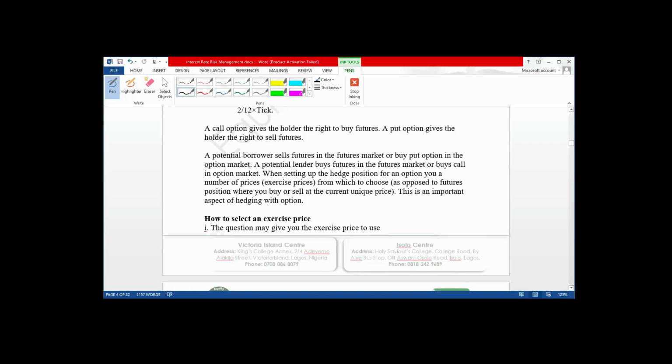When setting up your hedge, you may be given a number of exercise prices. When setting up the option hedging, it is possible that the examiner will give you more than one exercise price.